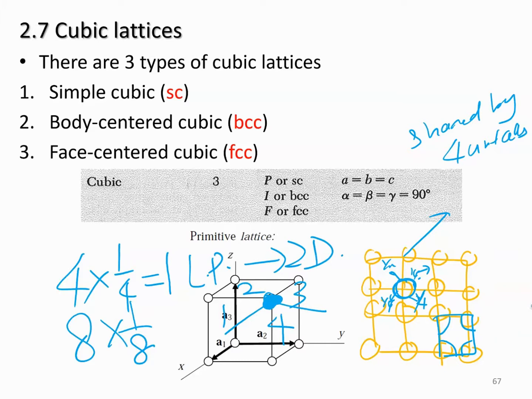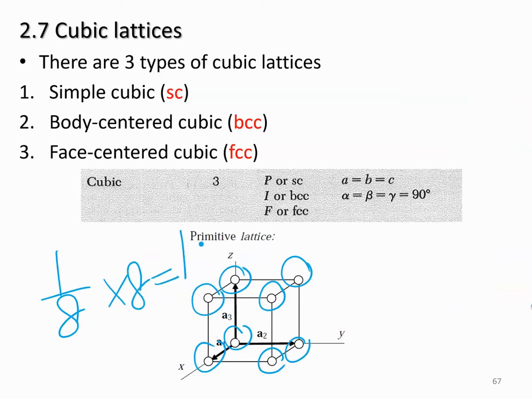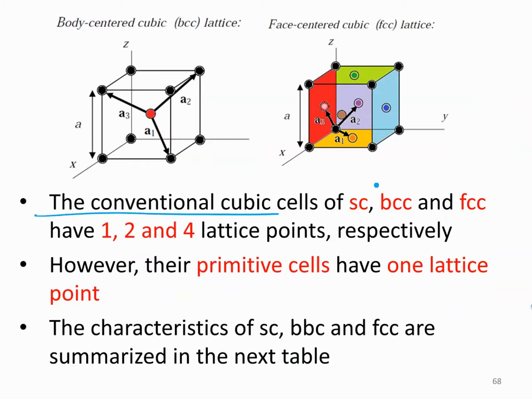I think it's very difficult for me to explain, but just imagine in a 3D cube, like you stack the cubes, then the corner atom is always shared by the other 8 unit cells, right? So the portion contributed to 1 unit cell is only 1/8. 8 times 1/8, so you will get 1 lattice point. So for simple cubic, there's only 1 lattice point.